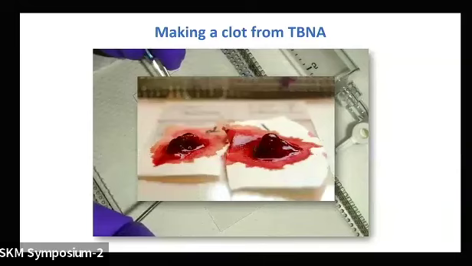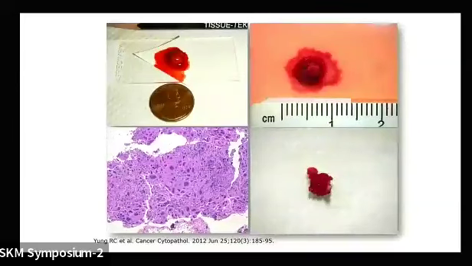This is then placed in formalin and allowed to fix. Once that is done, tissue paper can be wrapped around it for paraffin embedding and processing for an H&E section done by the histology laboratory, and it can essentially be treated as a histologic or biopsy sample.